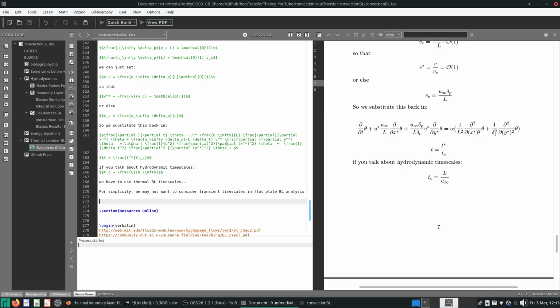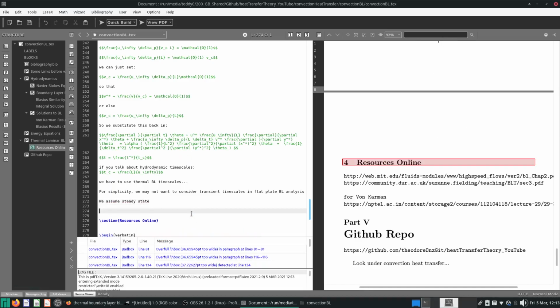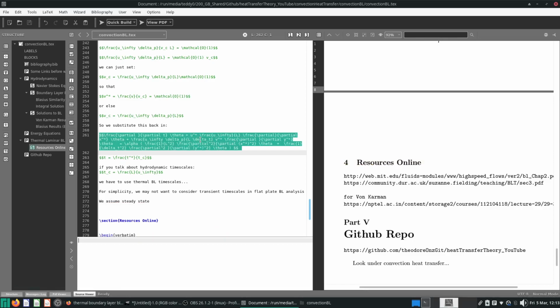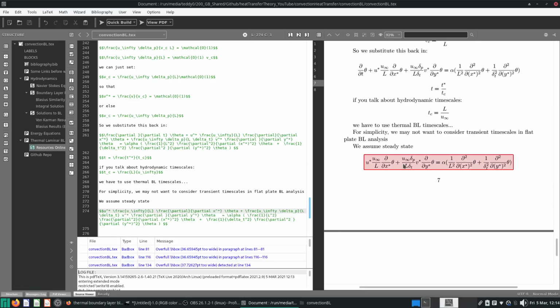We skip this part. We assume the partial derivative of theta with respect to t is 0. We assume steady state, so we don't have to deal with this headache, and we'll just have our steady state version.